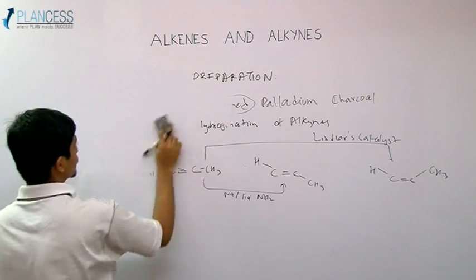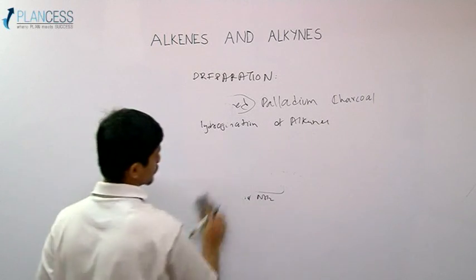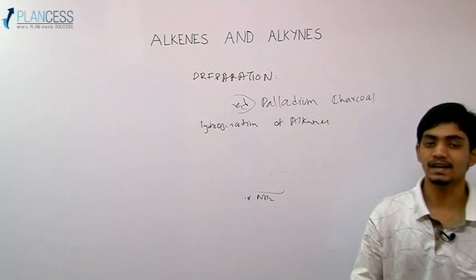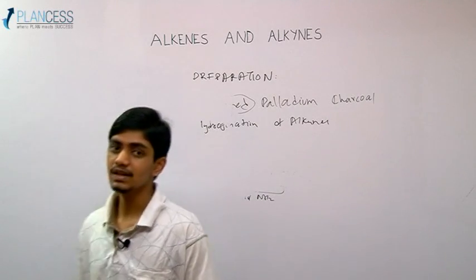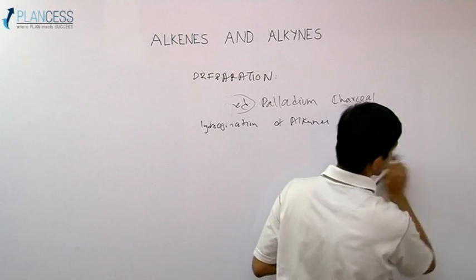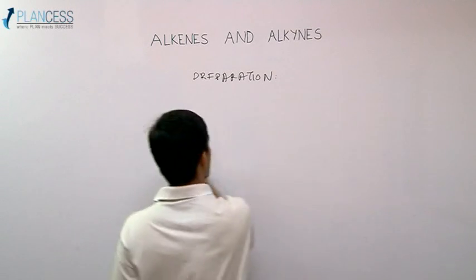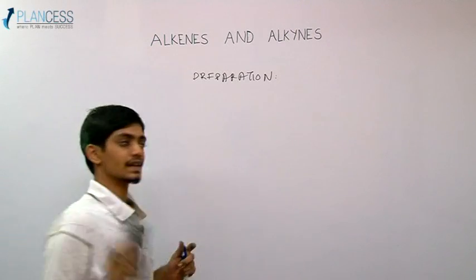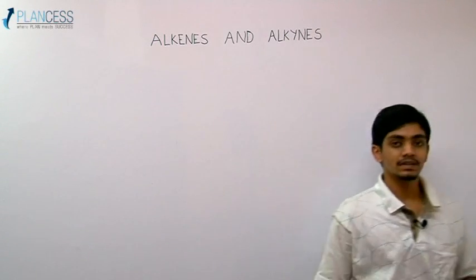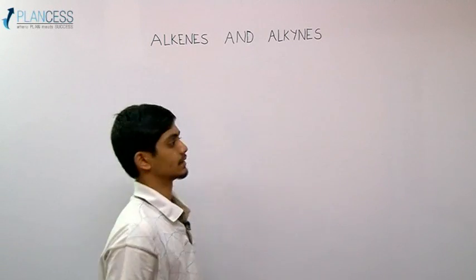Now let us go towards the second process. The second is the preparation of alkenes through the dehydrohalogenation of alkyl halides. But before that, we need to see some very small property of alkenes which is required for the study of dehydrohalogenation. And the dehydrohalogenation is exactly what is called the elimination reaction. We will be studying the elimination reactions of alkyl halides to produce alkenes.